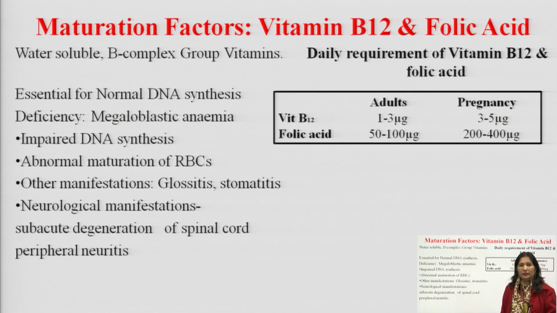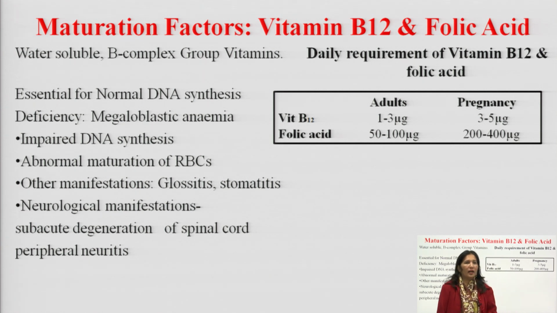And next hematinics are vitamin B12 and folic acid. Both are known as maturation factors. These are water soluble B complex group vitamins and essential for normal DNA synthesis.